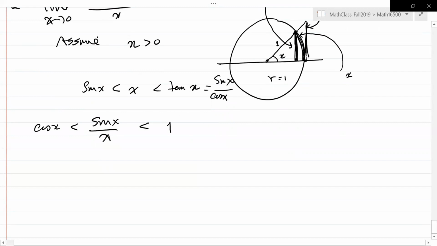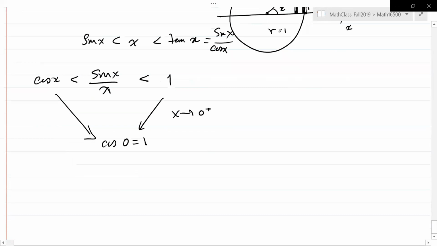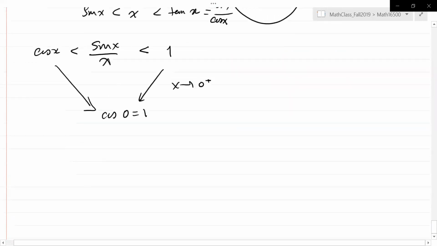We don't know the exact value of sine x over x as x approaches 0, but it's always between cosine x and 1. Cosine x approaches 1 as x approaches 0. So that forces sine x over x to approach 1 as x approaches 0.